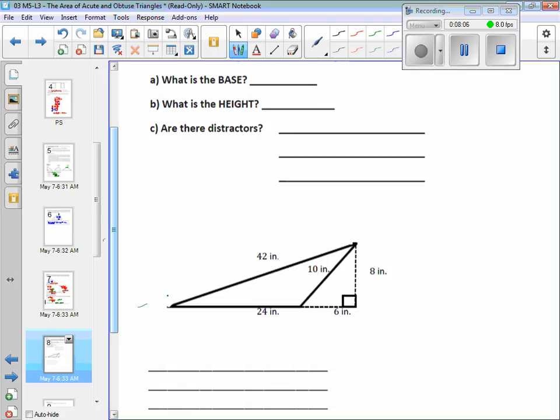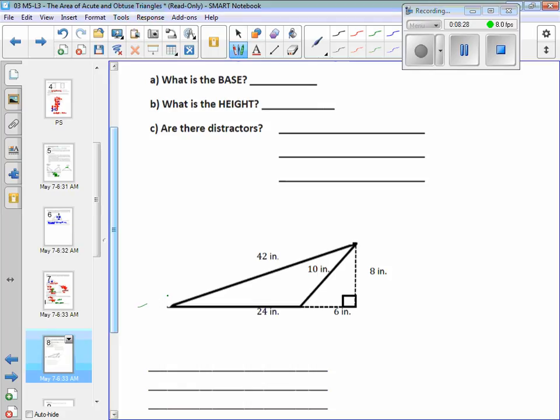Okay? So, looking at this, what's the base of that triangle? Because I've heard all sorts of different answers today. Aiden. I know, 10. How many say 10? Something else.